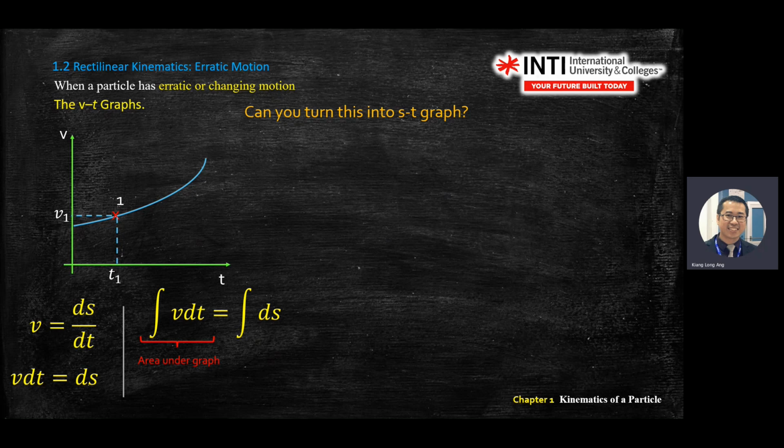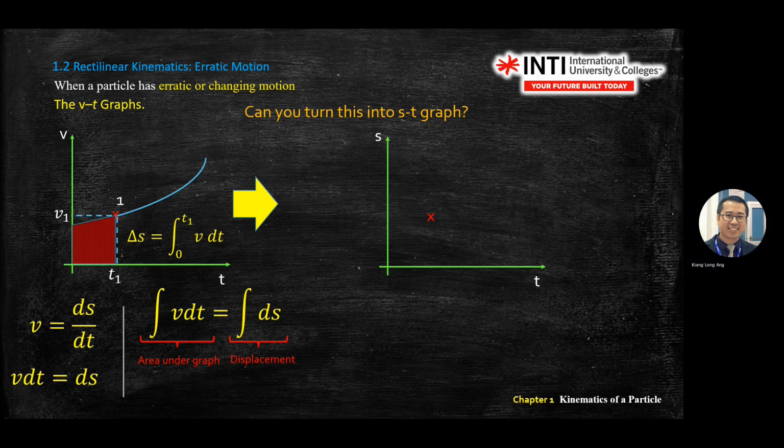So again, on the VT graph, the area below the graph means displacement or position change. Then this is a change of position, displacement. So you can change from VT into an ST graph. And again, you have 2 points, S1 and S0. It's not necessarily from the origin. Be careful on that.